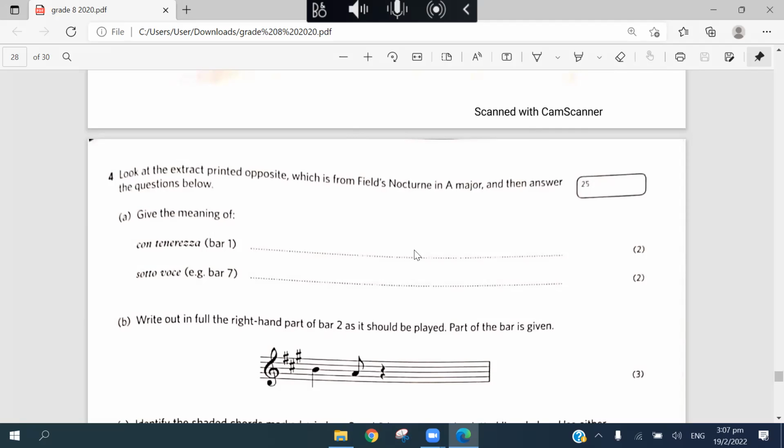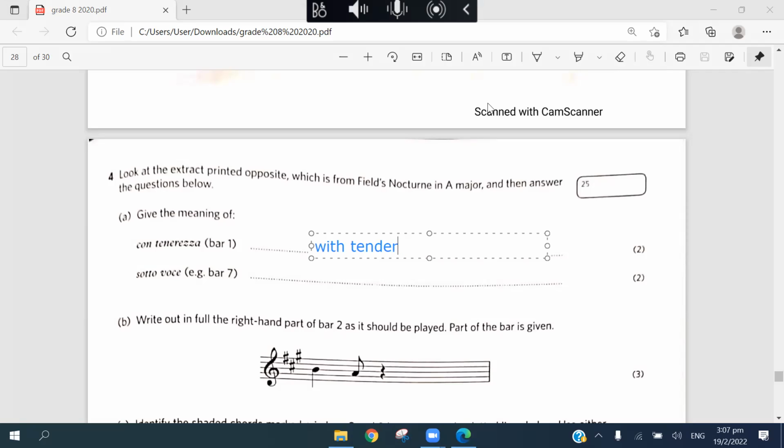Then after that, sotto voce. Yeah, sotto is under, voce is voice, under voice. Yeah, softly. Actually, it means softer. So the con tenerezza, with tenderness, how do you spell it? With tenderly, right?